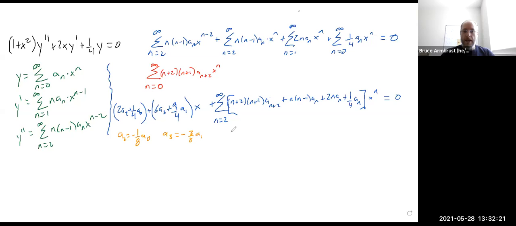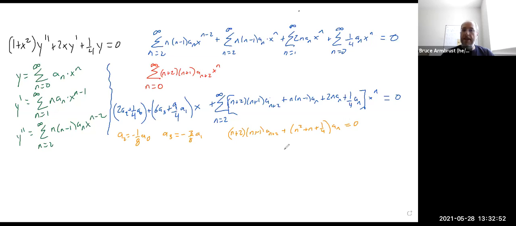So this one, we're going to get n plus 2 times n plus 1, a sub n plus 2. I'm going to go ahead and combine all these because they're all a sub n's. So I'm going to get n squared plus n plus 1/4 times a sub n. It's just plus n because when I distribute here, I get a minus n to go with this plus 2n.